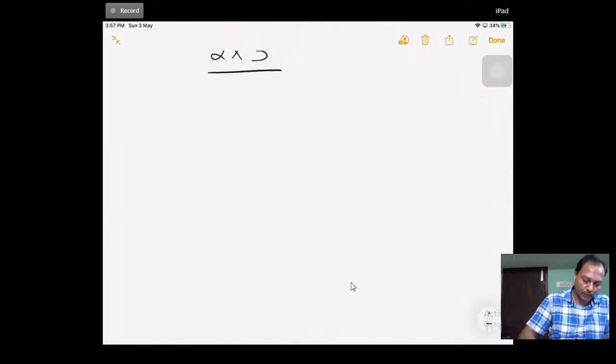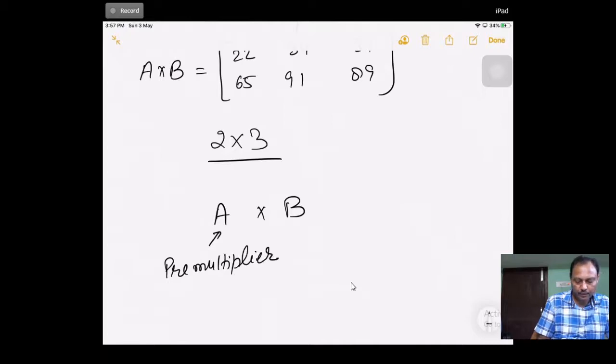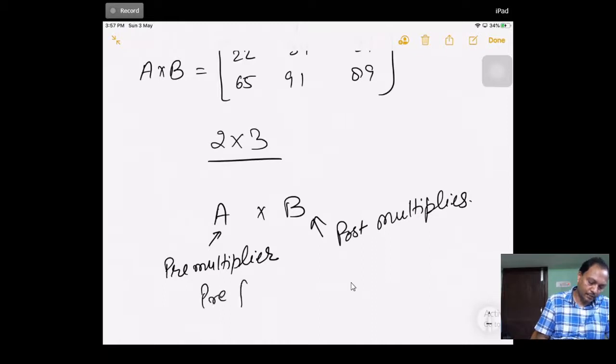So if we are finding A into B, then A is called pre-multiplier, also called prefactor, and B is called post-multiplier, also called post factor.